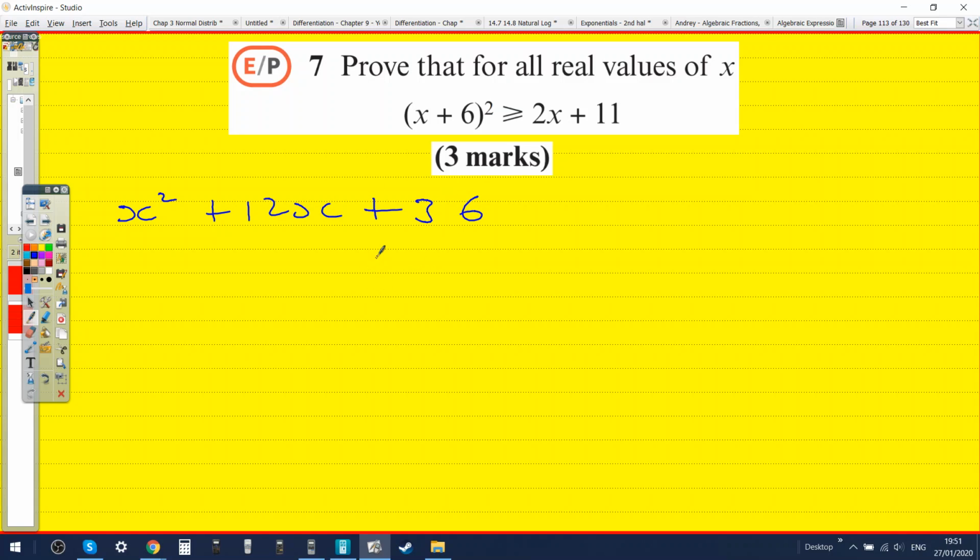And then do I just need to make it greater or equals to 0? Yep. And so that'll be x squared plus 10x plus 25 is greater or equals to 0.